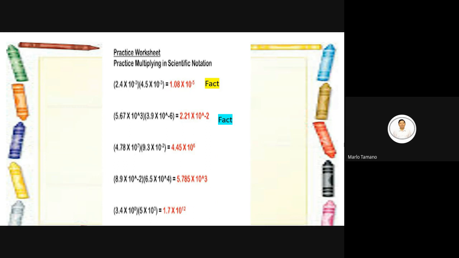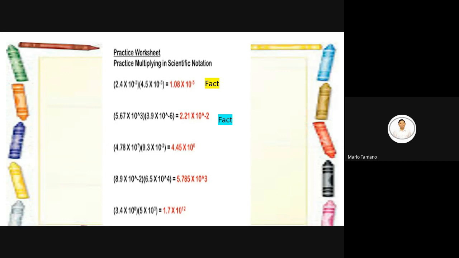Naintindihan? Opo, sir. Ni-round off lang. Okay, number 3. Yung mga iba pwede na mag-proceed sa number 3, number 4, number 5. Distributed na para mabilis. Lahat tayo kailangan nagsosolve.